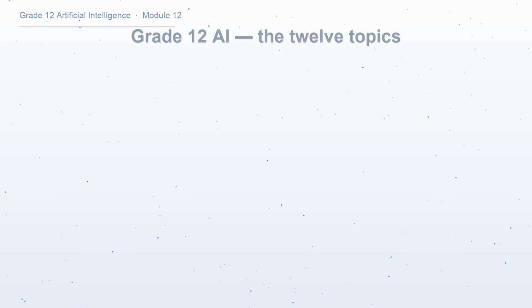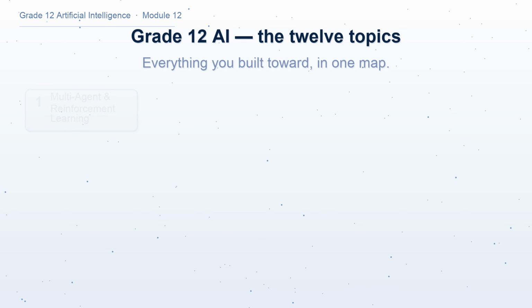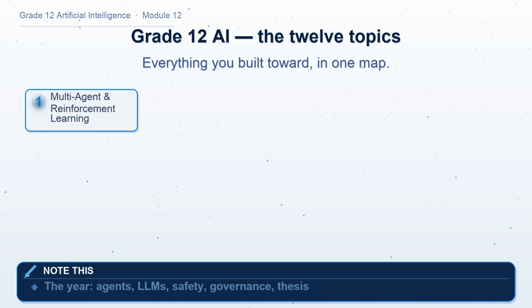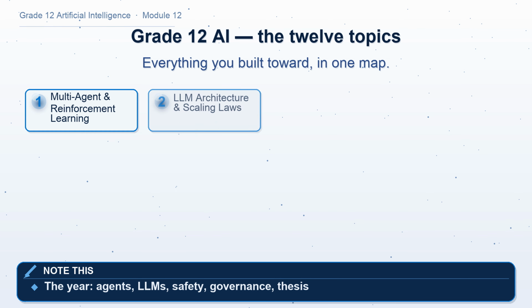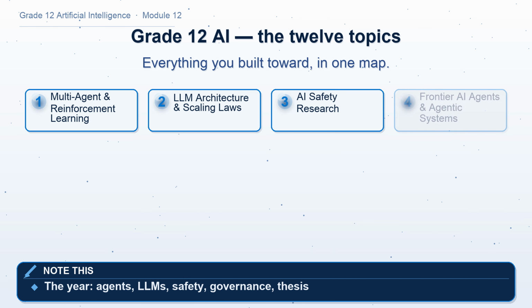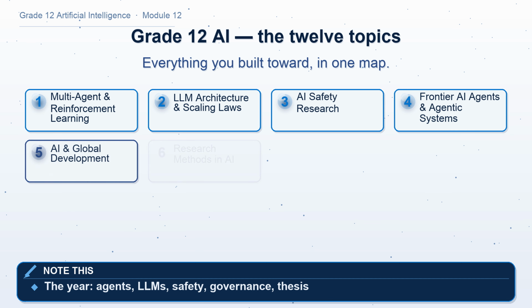Before we close the course, let's see the whole year as one map. You began with learning agents and reinforcement learning, then opened up large language models and the scaling laws behind them. You studied AI safety and the frontier of agentic systems. You connected AI to global development and learned the research methods that make findings trustworthy.